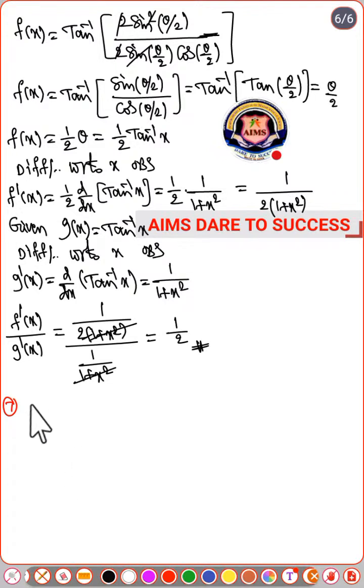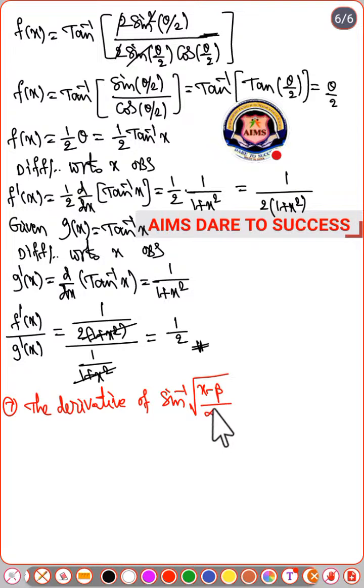The derivative of sin inverse root over x minus beta by alpha minus beta, and tan inverse root x minus beta by alpha minus x. Okay, we can find it. So before going to that, let us write the formulas.